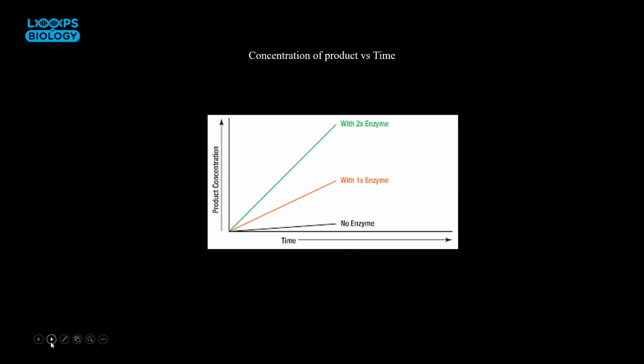Let's move on to the next part, that is concentration of product versus time. If concentration of product is seen on the y-axis, this is completely based on enzyme. When no enzyme was used, the reaction was still taking place, but the reaction rate was very, very low.